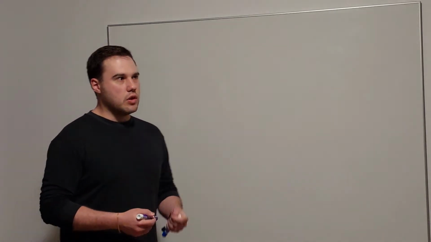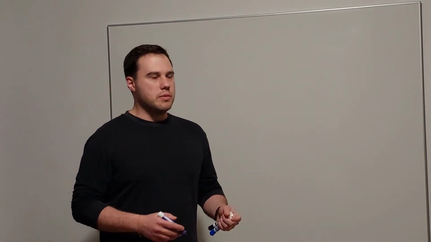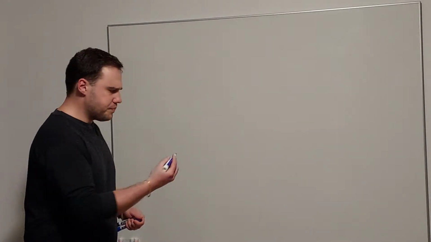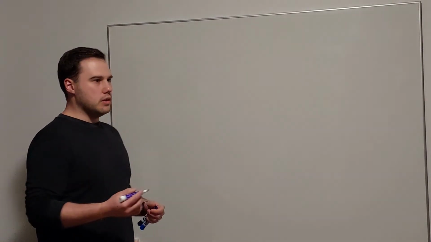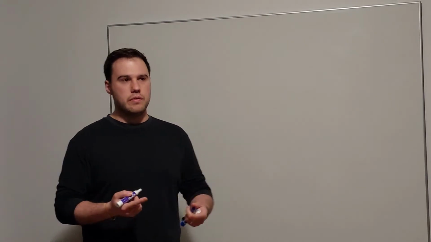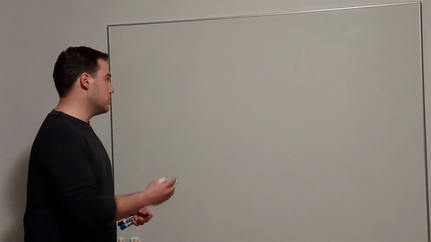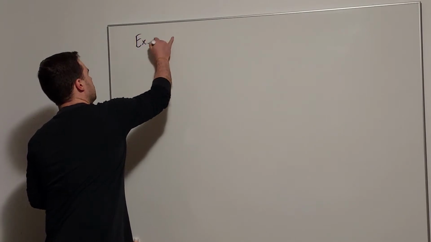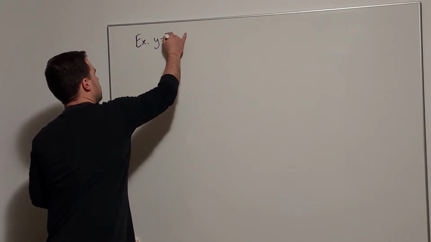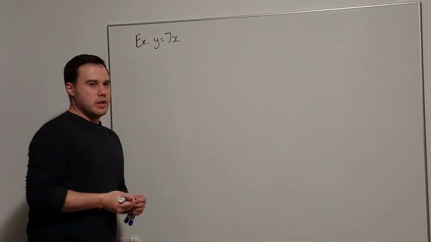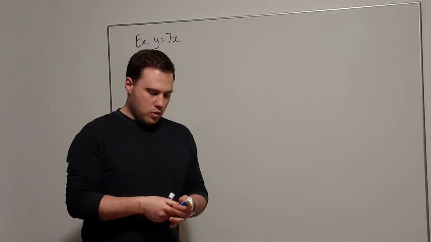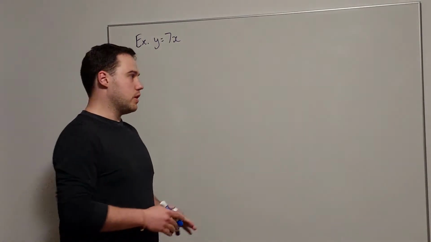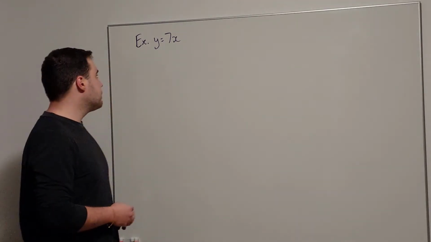So if we're thinking of a constant multiple of a function, something to start with before we even bring in the definition of the derivative is maybe to recall the derivative or the gradient function of just a linear function. So let's say, for example, we had this linear function y equals 7x, so just a straight line passing through the origin.